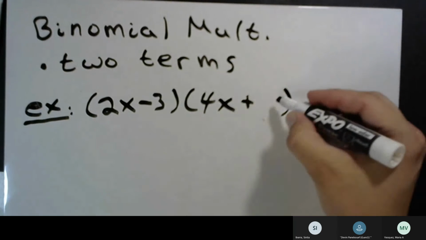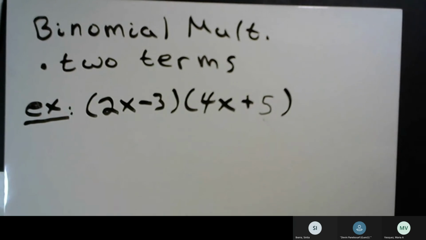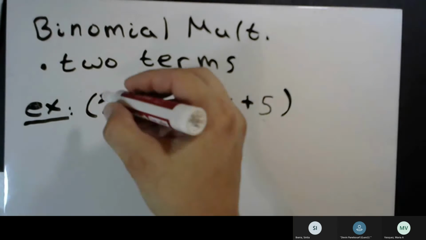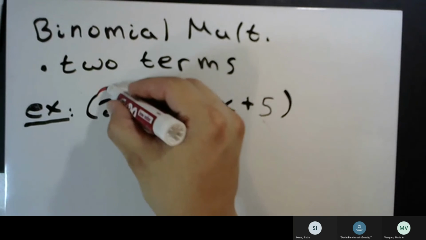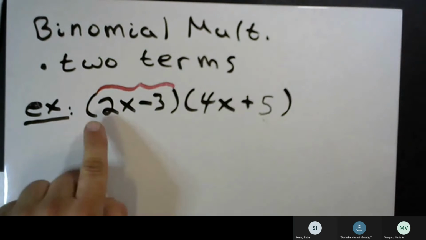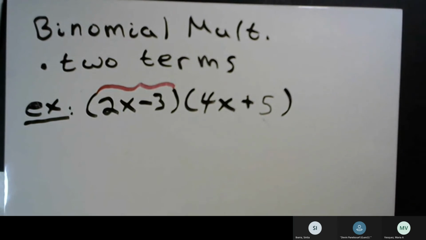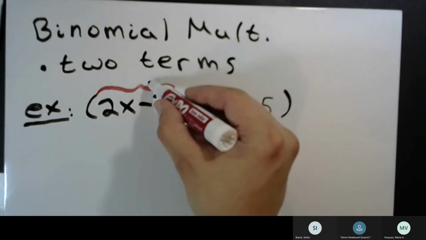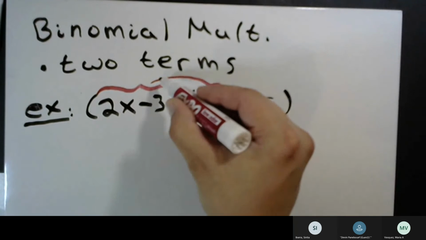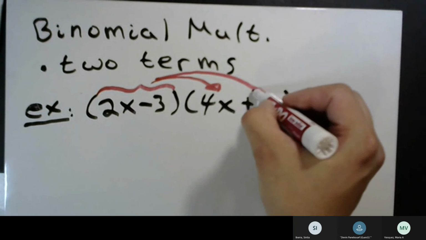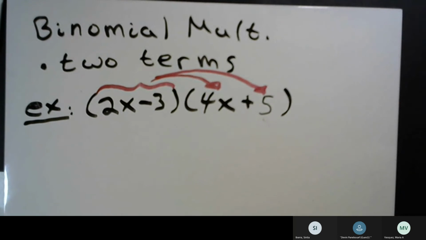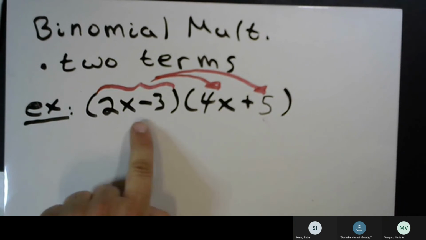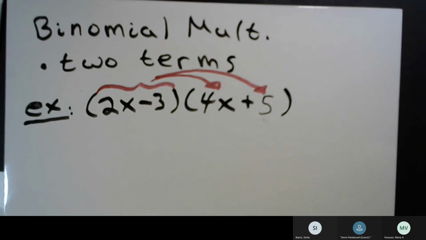Let's go 5. Now, the way we do this is we distribute. We're going to treat this entire binomial as if it's one term and distribute it to each of the monomial terms of the second binomial. So this is the first binomial, this is the second.